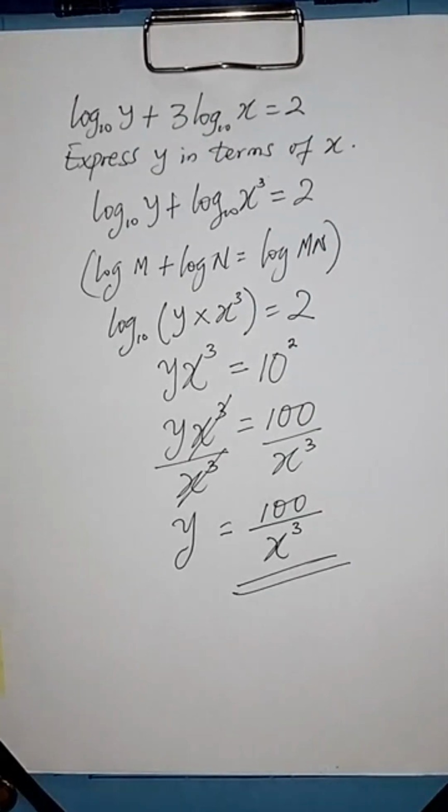We have succeeded in expressing y in terms of x. We cannot solve this question because you don't have another equation to make it a simultaneous equation like the previous one we have solved. If you have any question involving logarithm, I bet you can solve it.